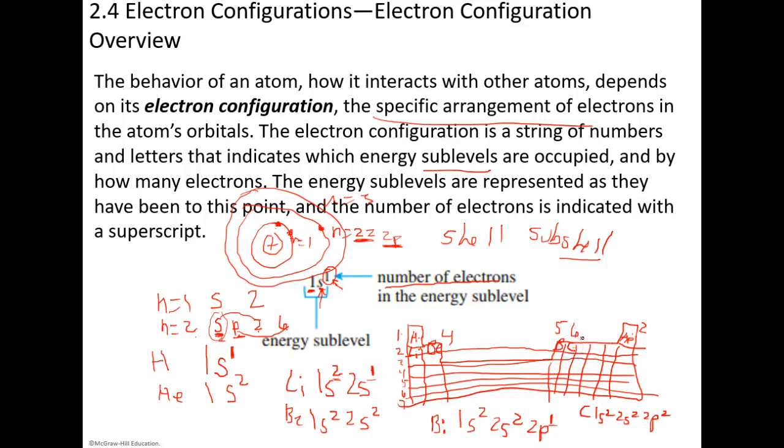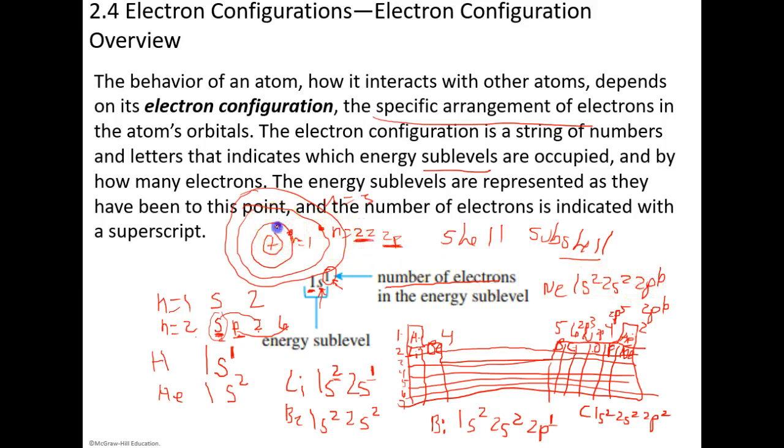All right. Nitrogen is going to be a 2p3. Oxygen, 2p4. Fluorine, 2p5. And finally, neon is 2p6. So neon, just to do it, is 1s2, 2s2, 2p6.